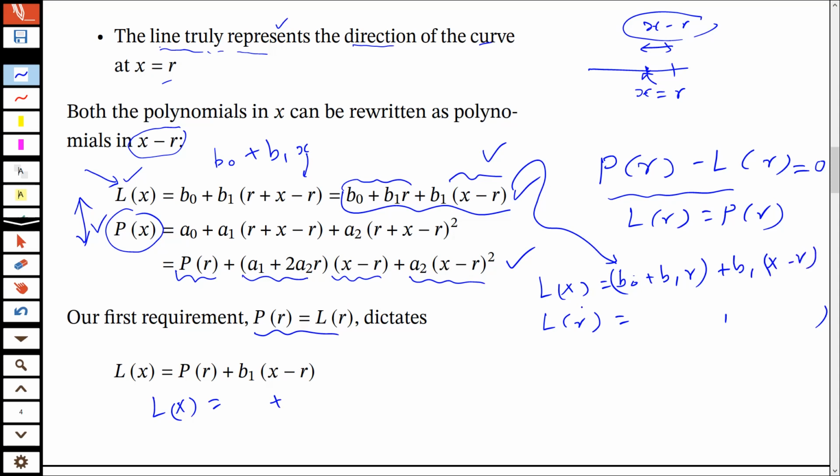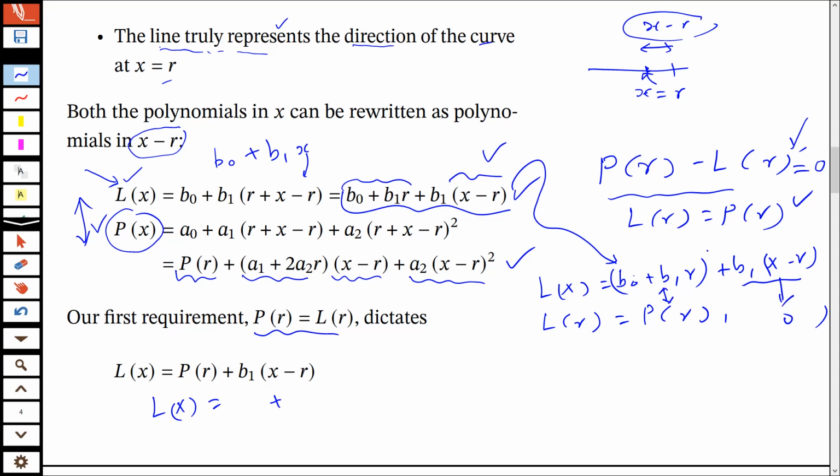Now if I set x to r, I want this side to be equal to P of r, because I don't want any difference. Remember, setting x to r will turn this to 0, which means that these two must be the same.